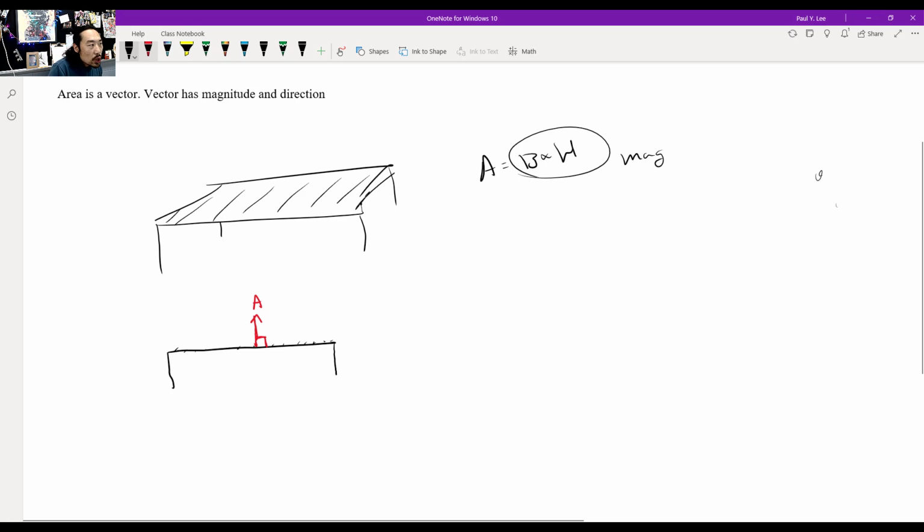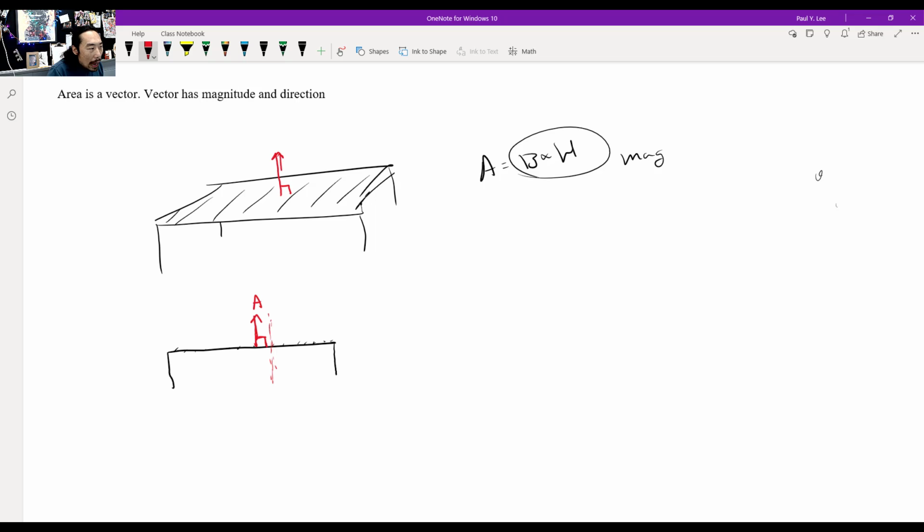If things were to go in and out of this opening of the table, they would go through in this direction, up or down into the table. So that's how we would denote area here. This is like a 3D image.